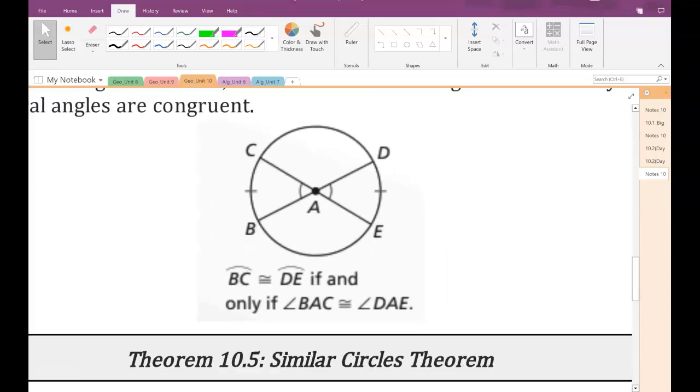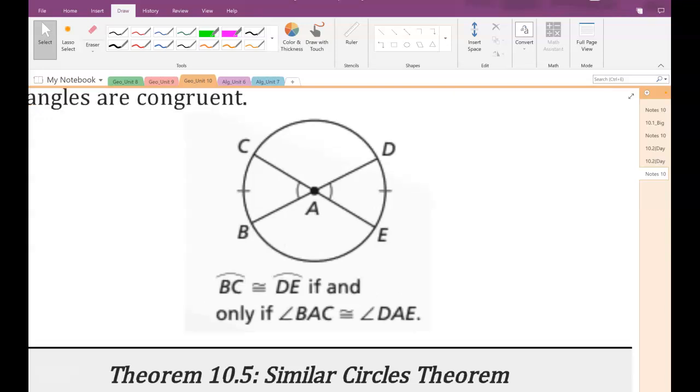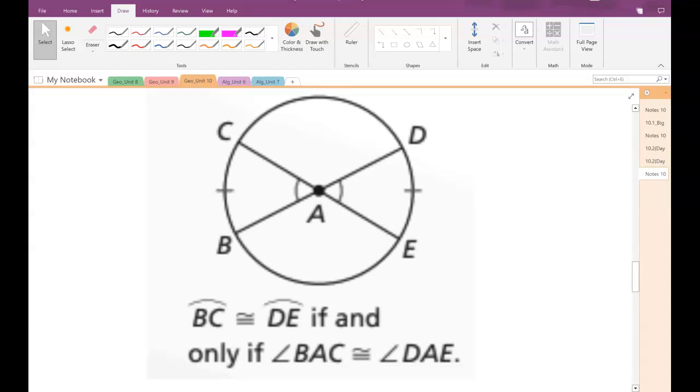So in our diagram here, we have arc BC and arc ED, both made with a central angle with the vertex of A. And it says that angle CAB is congruent to angle DAE.